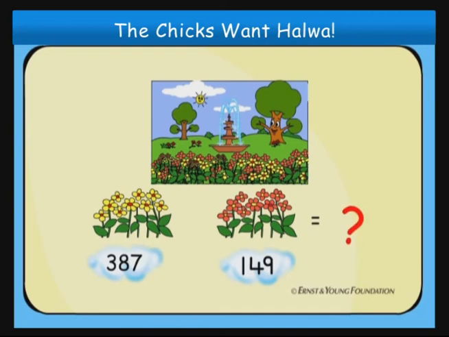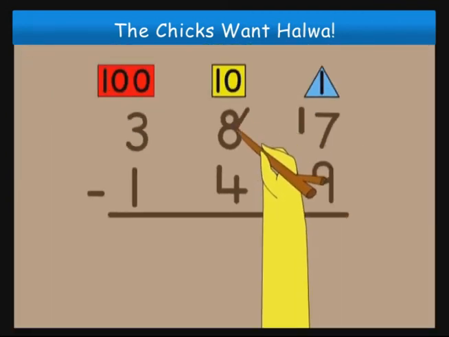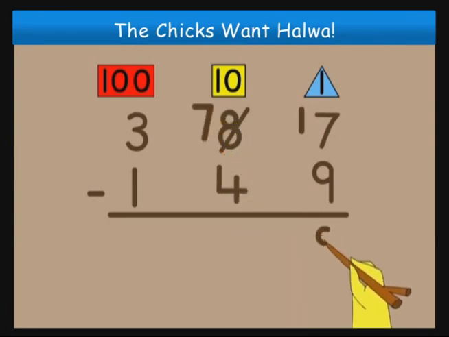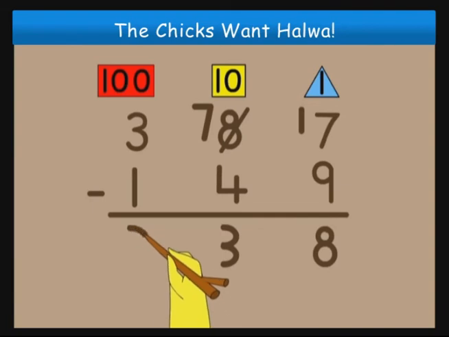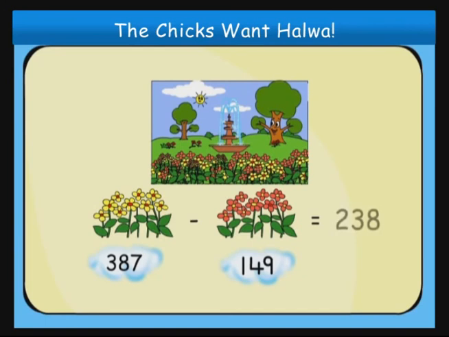How many more yellow flowers are there? 238. There are 238 more yellow flowers in the garden.